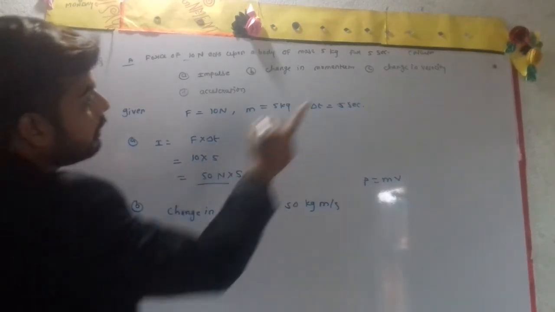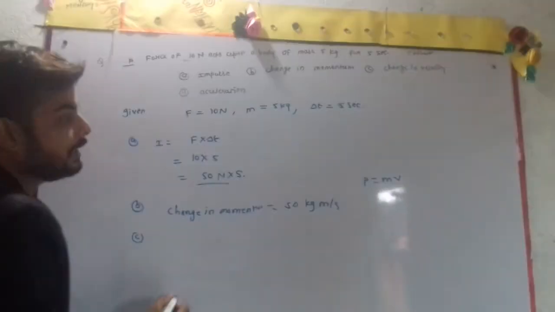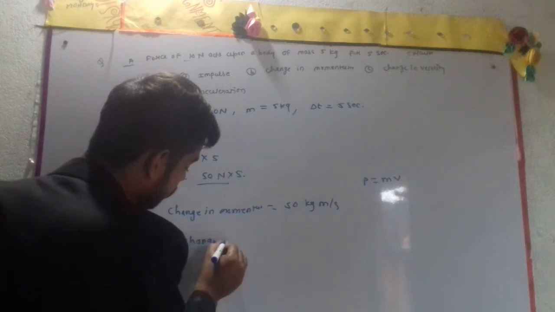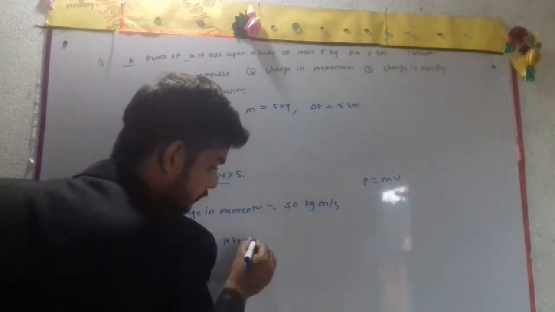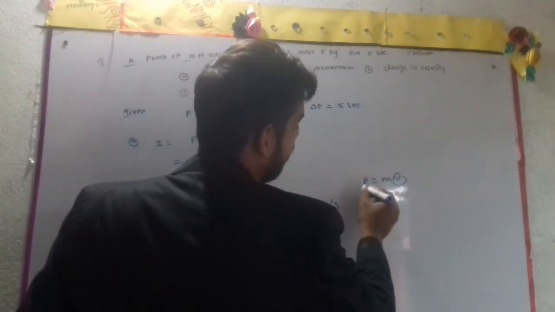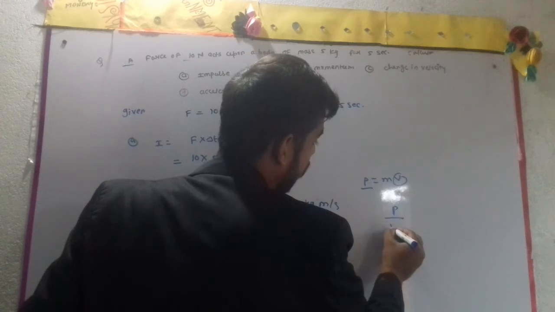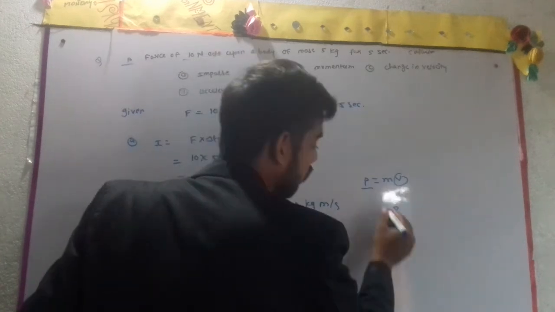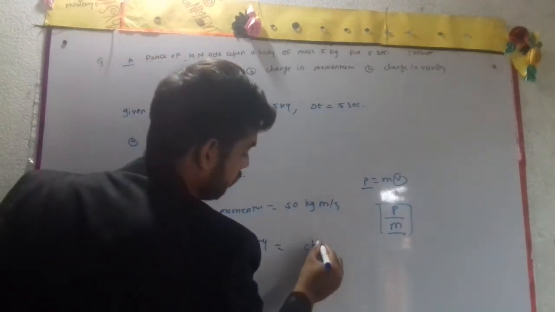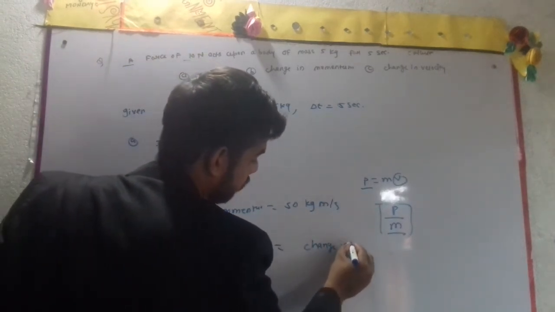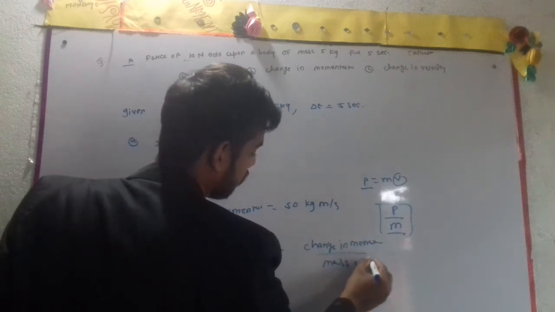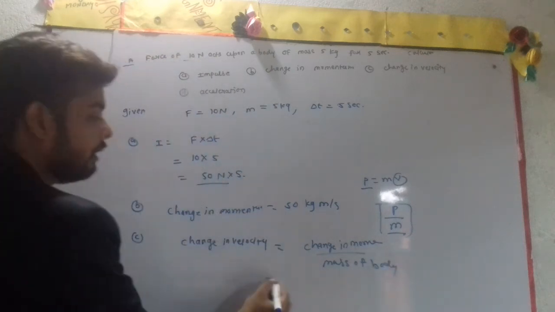Next is the change in velocity. How can we determine change in velocity? We can determine it as change in momentum upon mass of the body. With this one formula you can solve many questions.